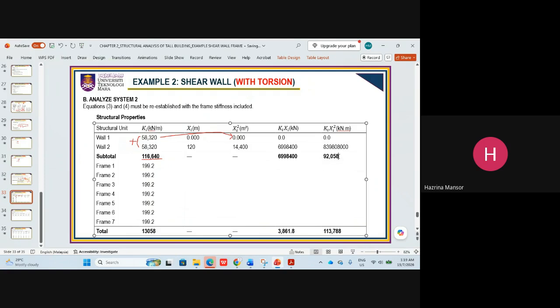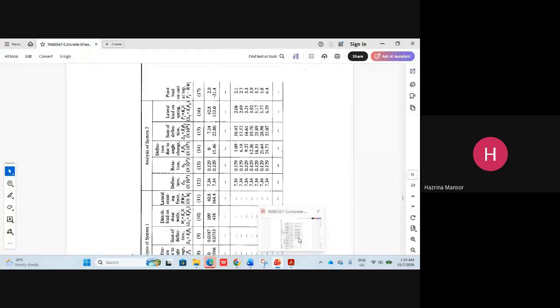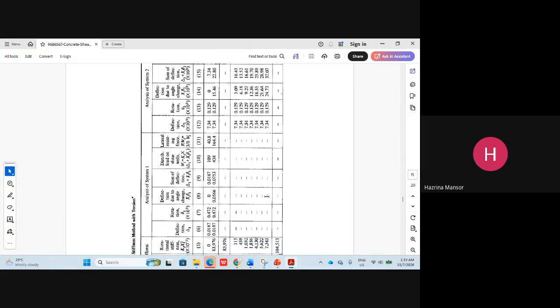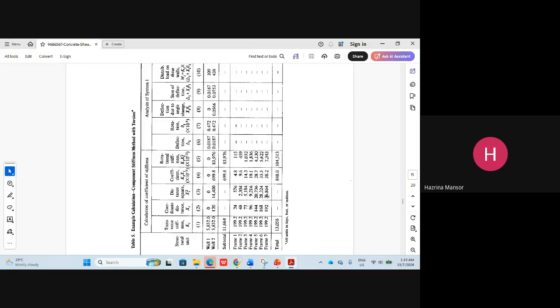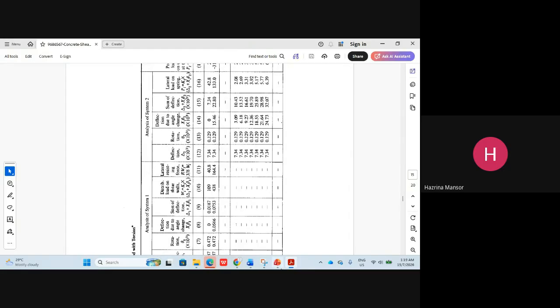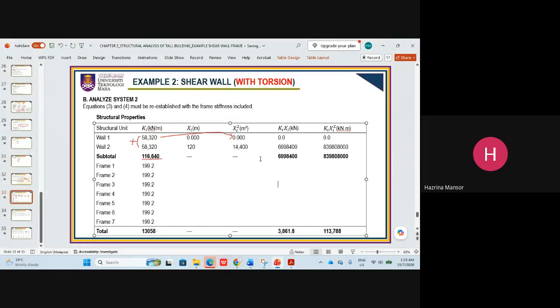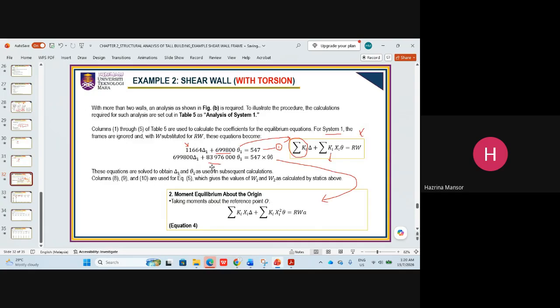Okay, so here in total it will be 839,808,000. So those are the wall stiffness. Okay, so in this particular structure system, you have those particular values. So that's how you get this.